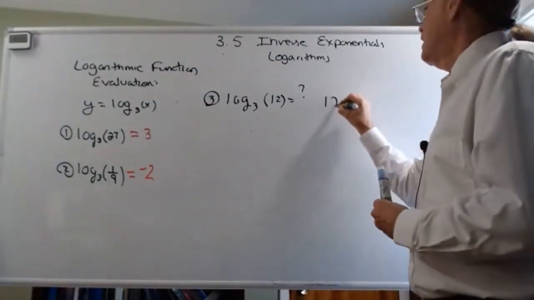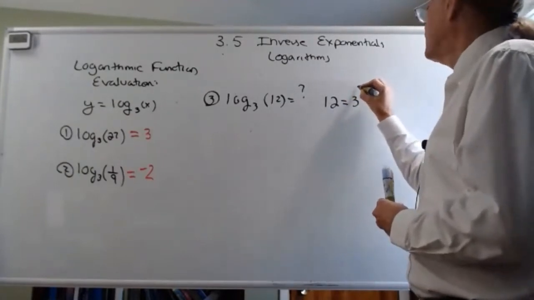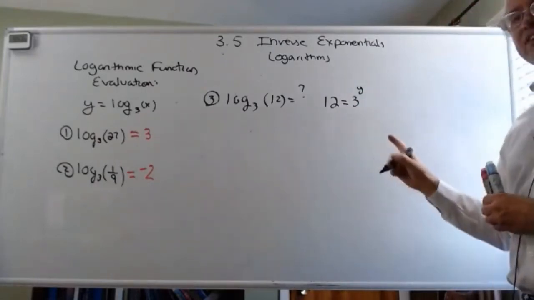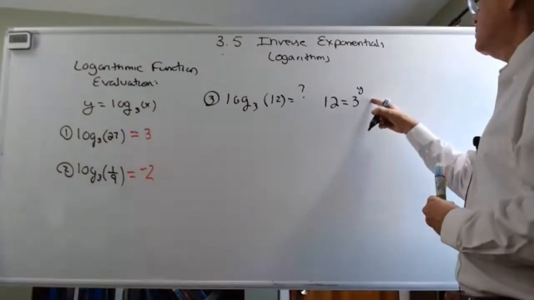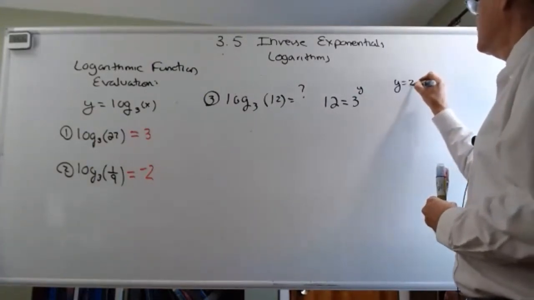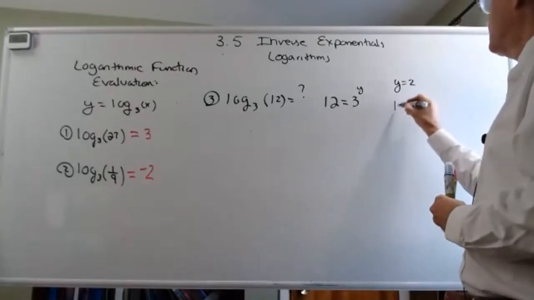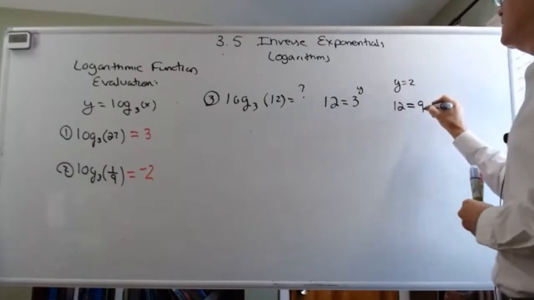I'm saying that 12 is equal to 3 to what power? That's the y value. Well, I can't do it exactly, can I? I can put in 2. If y is equal to 2, that will give me 9 over here. So I have 12. It doesn't equal 9, but that's what I would get.